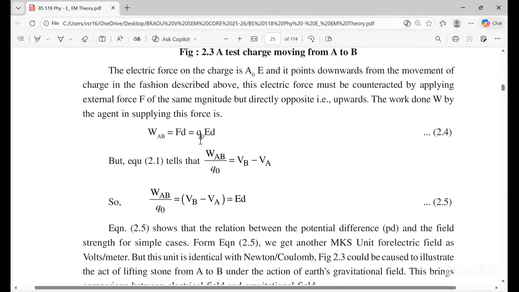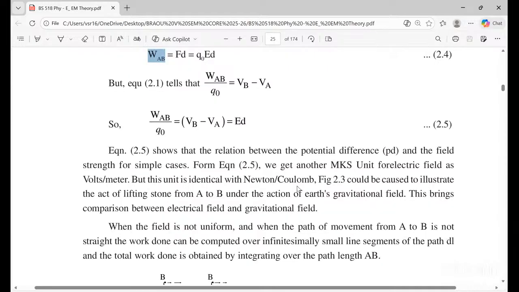You know pretty well, from equation 2.4, W_AB by Q naught is nothing but VB minus VA. So here you can substitute VB minus VA, which equals Ed. That means what is the relation between electric potential and the electric field? V equals Ed, or E equals V by d.